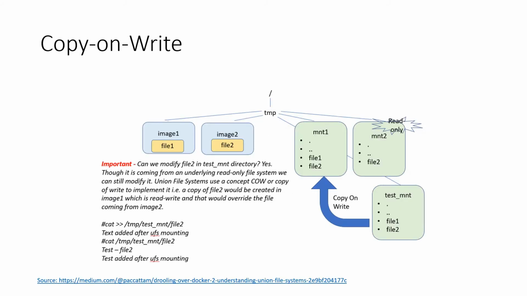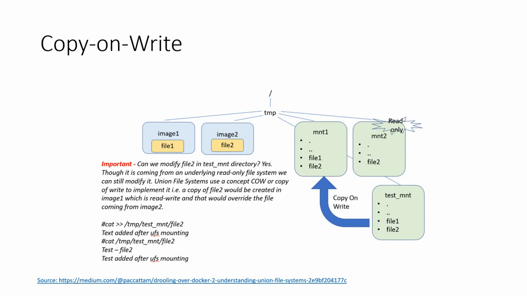And here's just one final image that gives you a look at how this copy on write works and what it looks like when we've got these two directories merged here. So this is looking at two file systems, image 1 and image 2, where image 2 has a read-only file system. And we're saying, can we modify the contents of this? And we can. So while the original file2 is read-only, what we'll do is make a copy of that file, make it writable, make the changes, and then put it in our merged file system, which is test_mnt.